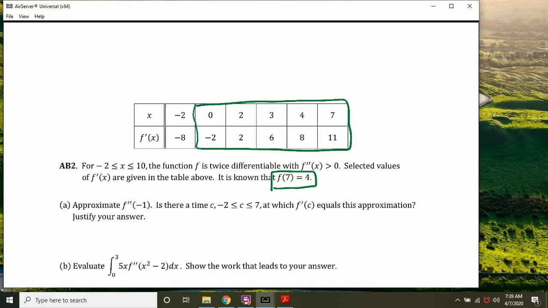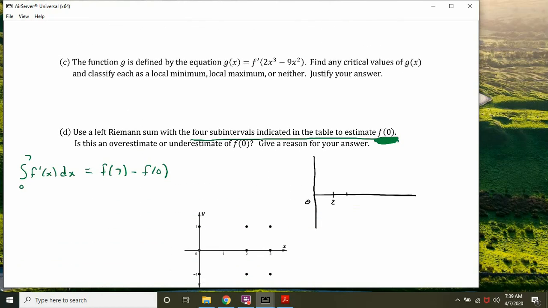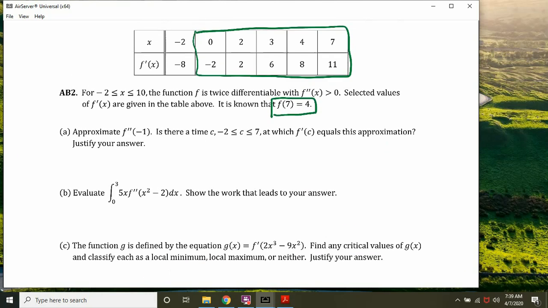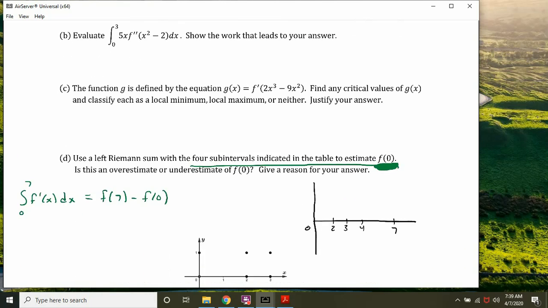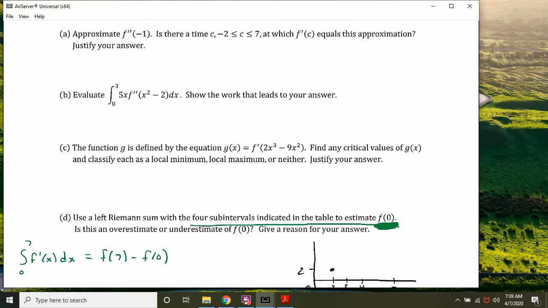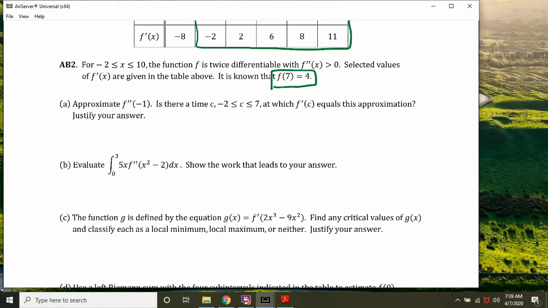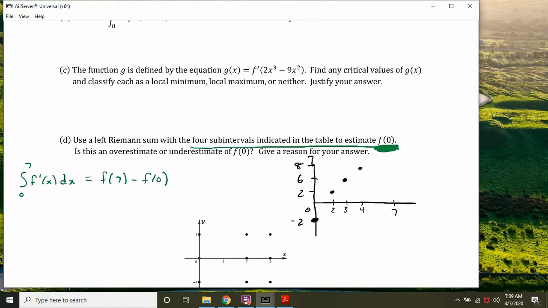The interval 0, 7. We have 0, 2, 3, 4, and 7 for x values. And let's see, 0, -2, 2, 2, 3, 6, 4, 8, 7, 11.